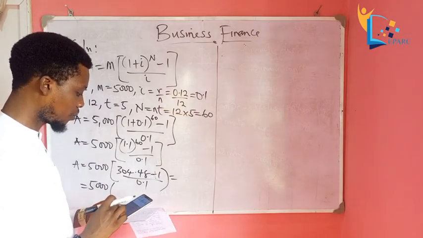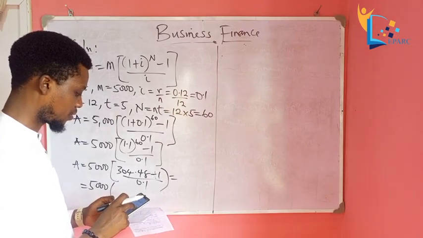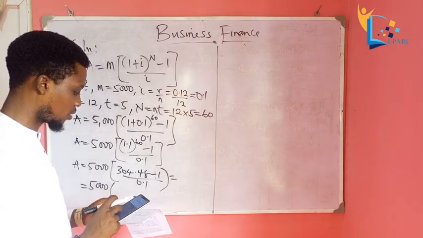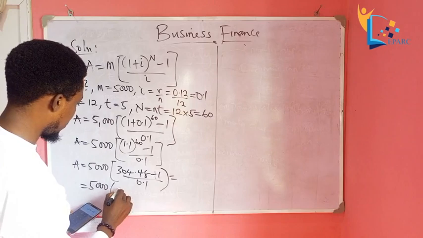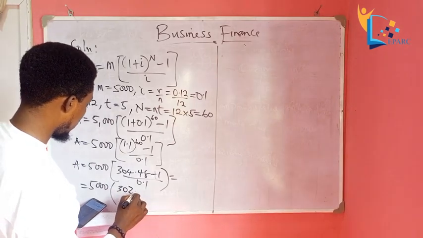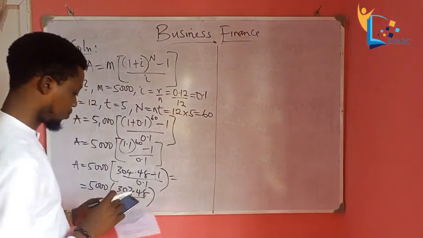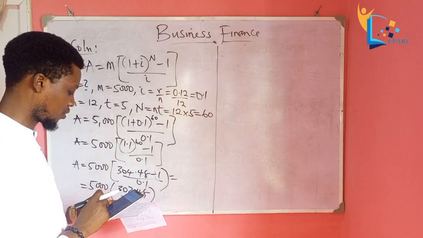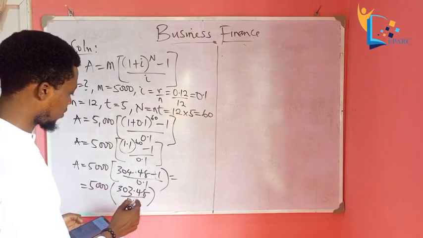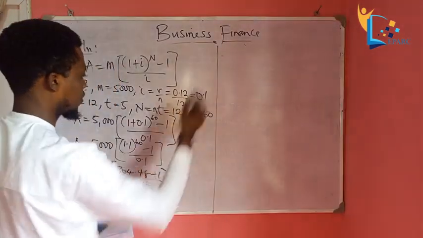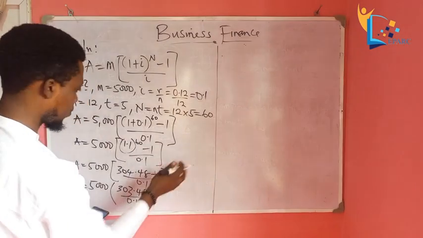304.48 minus 1 will give us 303.48, divide by 0.1, which gives us 2,994.8. Let me write it up here, okay?